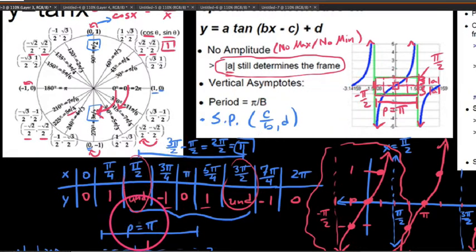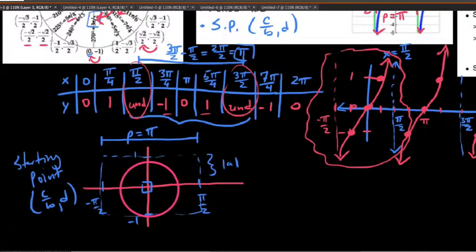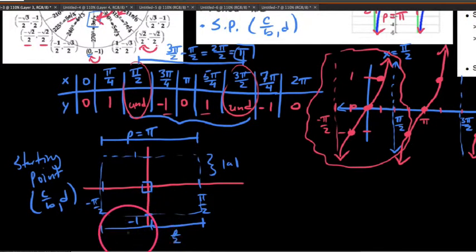But basically I want you to note that the starting point is in the middle of our frame. And so with our tangent graph, with our starting point being in the middle of the frame, what that means is we're going to have to go half of the period to the right and half of the period to the left of this starting point. So if the period is represented by p, we say p over 2 to the right and p over 2 to the left. That's going to be how far we go left and right at this point.